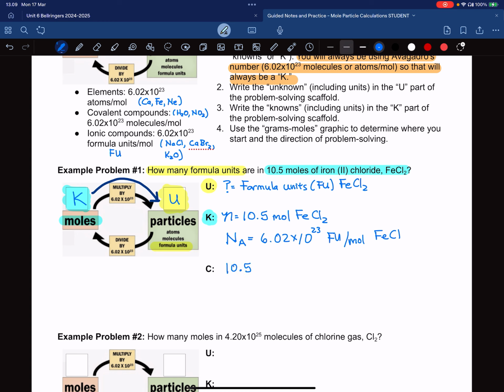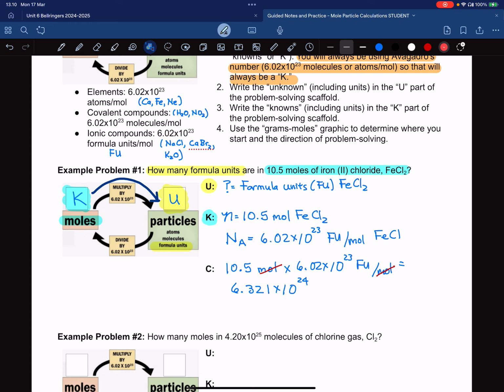Moles cancel, leaves you with formula units. That gives me 10.5 times 6.02 EE 23, 6.321 times 10 to the 24th.